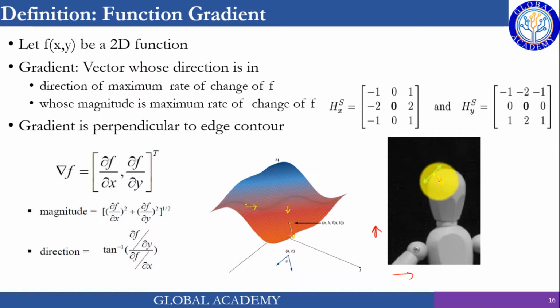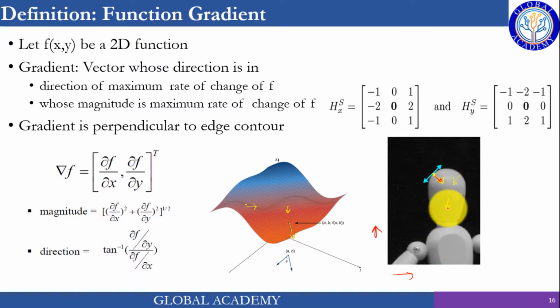Accordingly, the magnitude of this gradient would be a larger number. Say over here it would be like this but a smaller number. At this point, the gradient would be like this, but the magnitude would be a larger number because there is a sharp change.